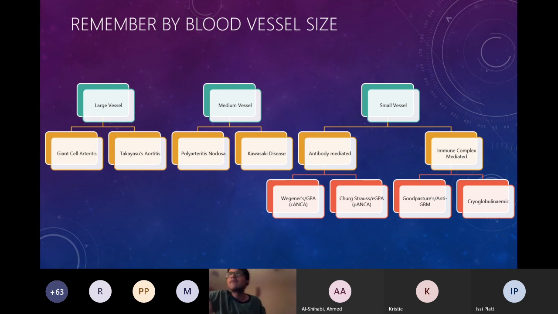What's an important differential for someone presenting with a saddle nose that's much more common than GPA? Sinusitis is both, but it is actually more common in Wegener's. So saddle nose deformity, yeah, septum infarct is actually much more common.